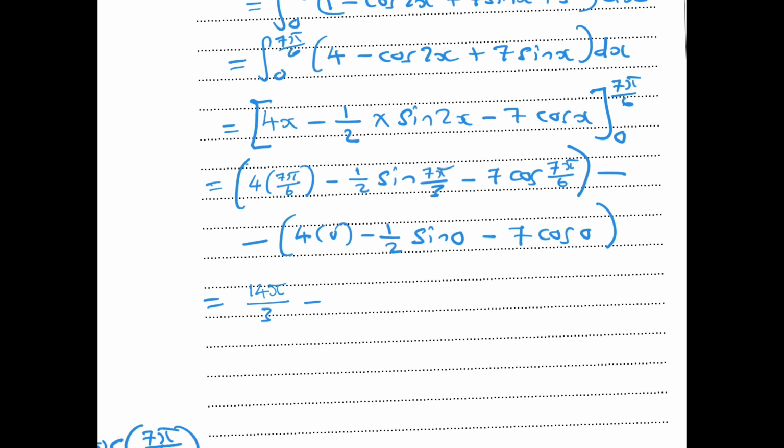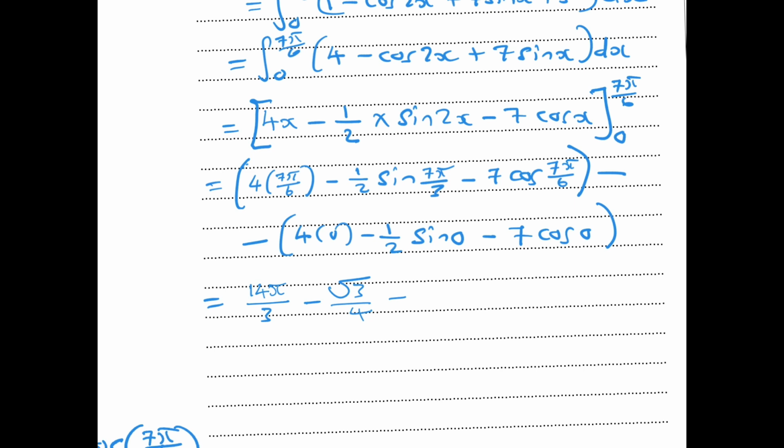That's sine of 7 pi over 3. Okay, that will give us square root of 3 over 4. All right, minus 7 cos 7 pi over 6.